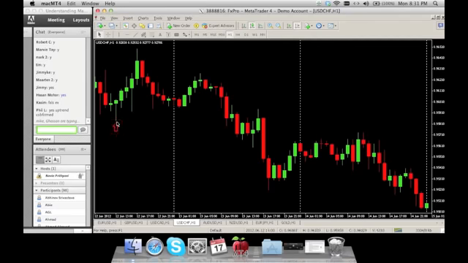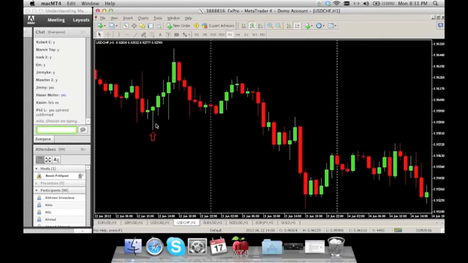Is this a pattern? What kind of pattern is this one? Good, very good. Exhaustion, hammer, pin bar, yes, good. Now, what about this one?